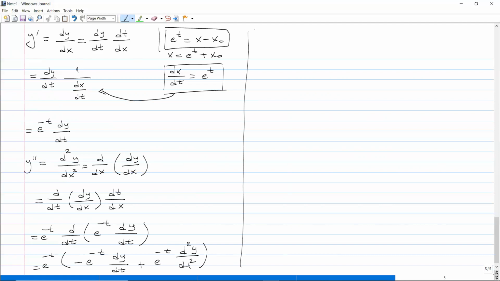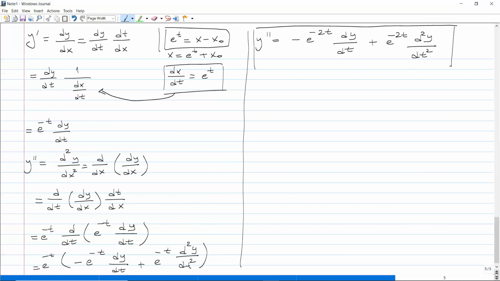So minus e to the minus 2t times dy dt plus e to the minus 2t times the second derivative of y with respect to t. So this is the second derivative. Remember, this is the first derivative.